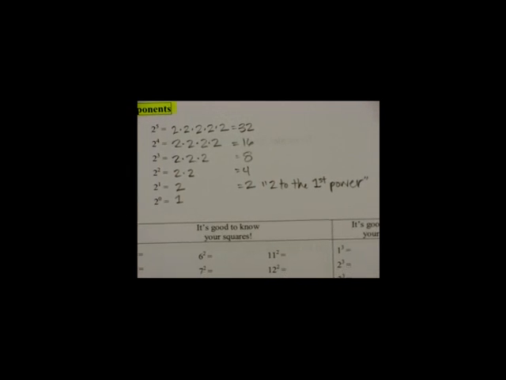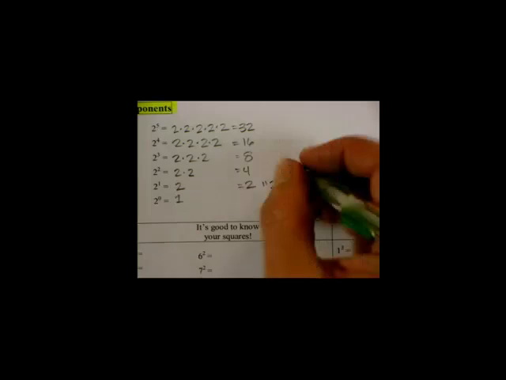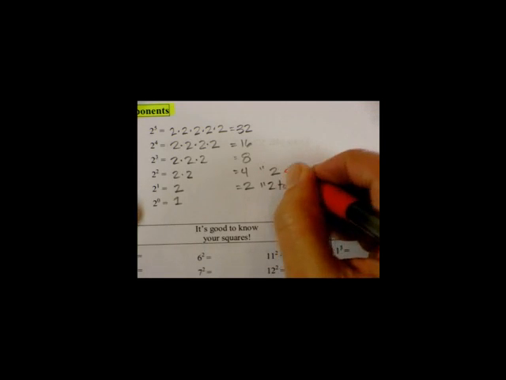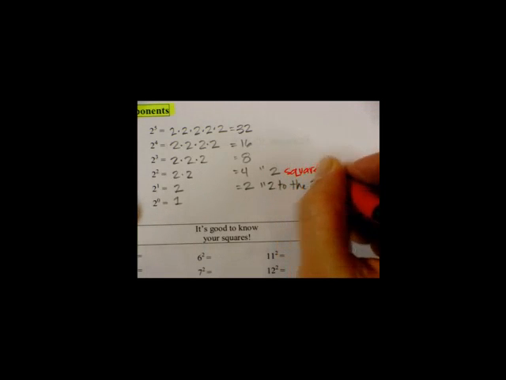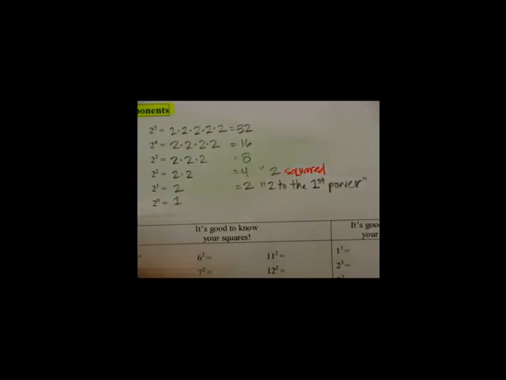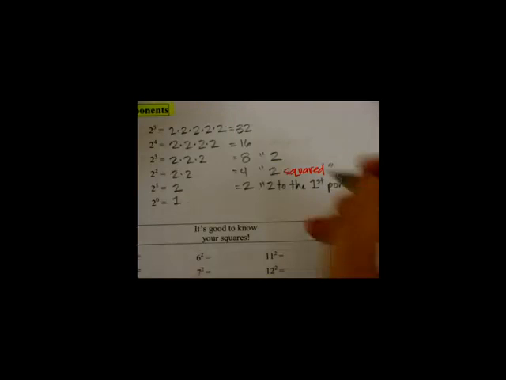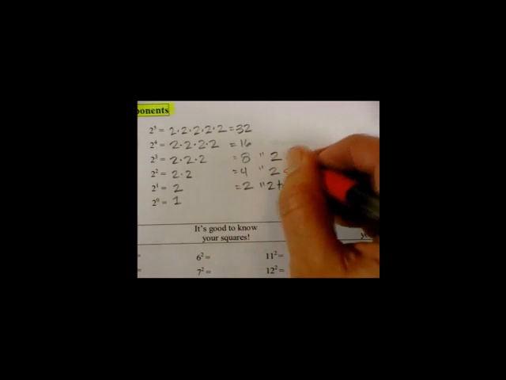But I have special names for when I raise it to the 2nd power and when I raise it to the 3rd power. I would read this as 2, when I raise it to the 2nd power, we call that squared. When I raise it to the 3rd power, that has a special name as well. We call that 2 cubed.